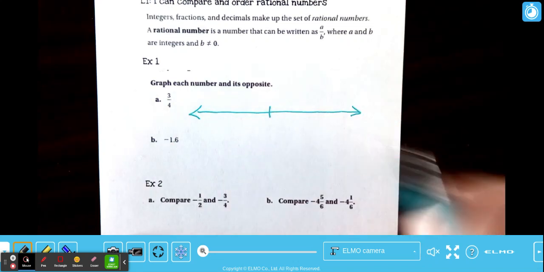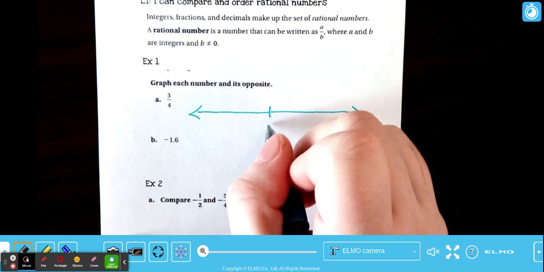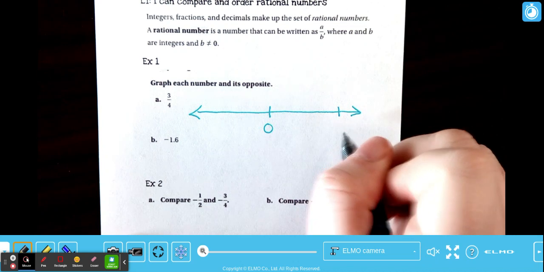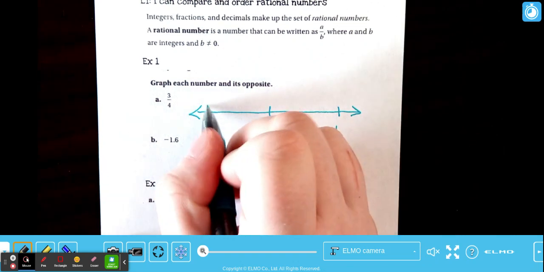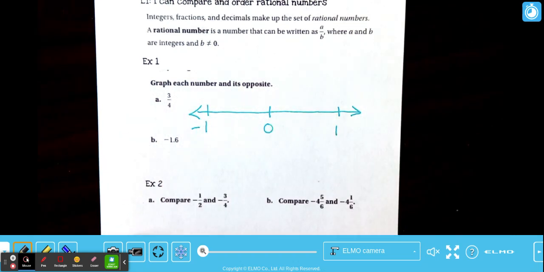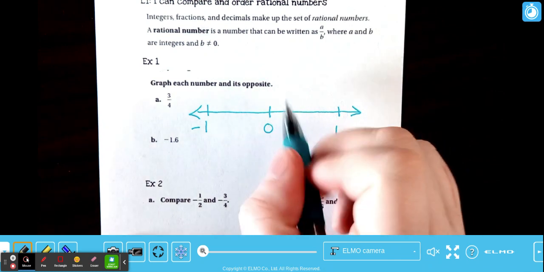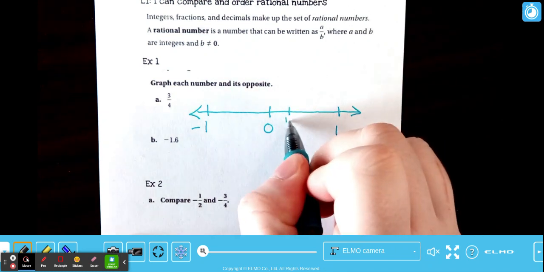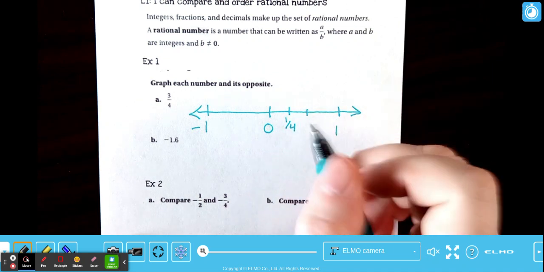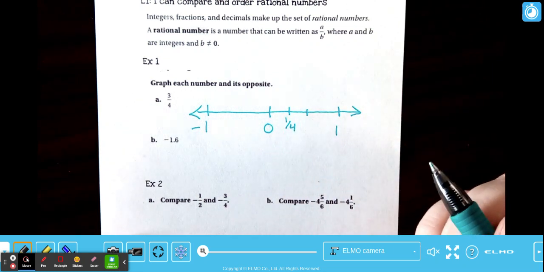All right, so we're going to draw a number line. We're going to put what number in the middle? 0. Okay, then I'm going to leave a big gap and go up to 1, and a big gap and go to -1. And I need to split it up into quarters. So we have 1/4, and then 2/4, which is what when it's reduced? 2/4, what is that when it's simplified?